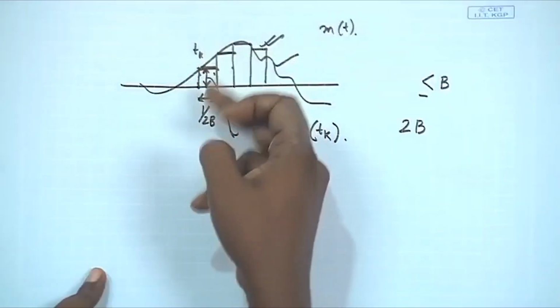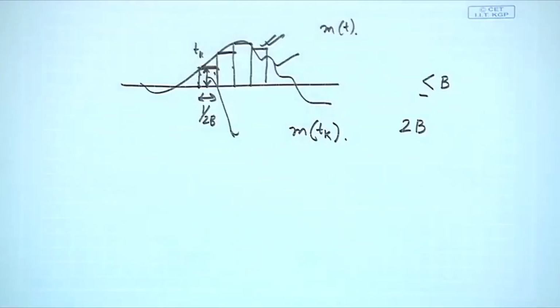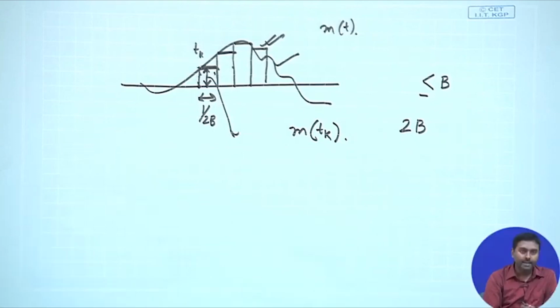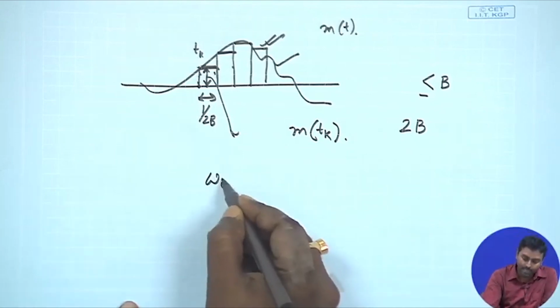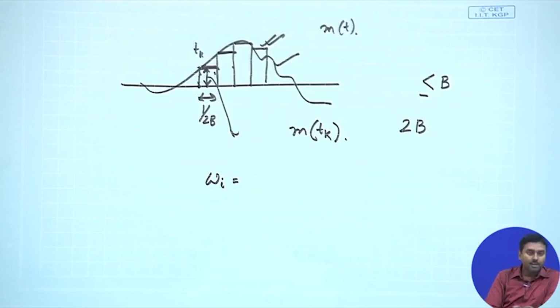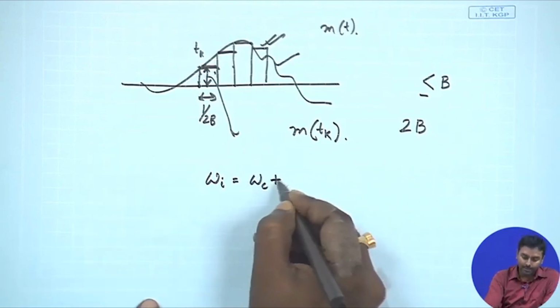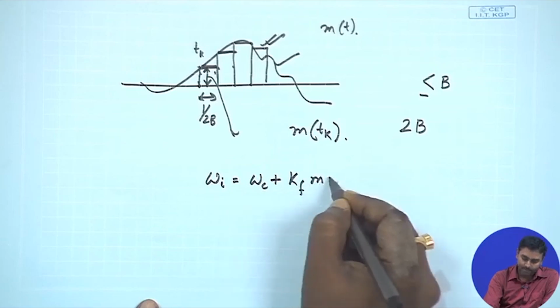So, general FM says that you take every sample and start creating the corresponding frequencies, but we are saying that because the message can be represented faithfully by these samples, I will take that sample, and for that amount of period we will keep the frequency the same, which is determined by this m(t_k), right. So, at that m(t_k) what will be the instantaneous frequency omega_i? That should be, because it is frequency, omega_c plus k_f times m(t_k).